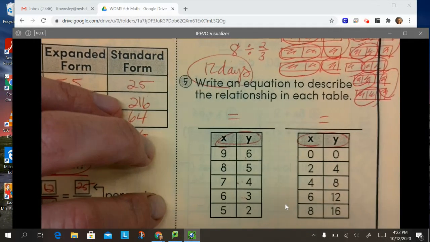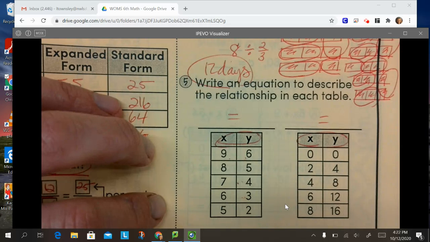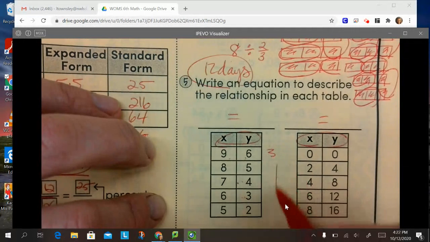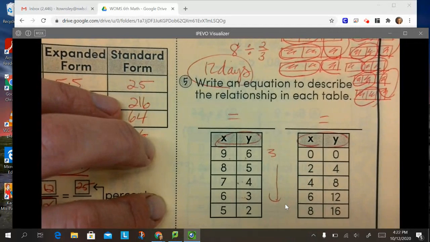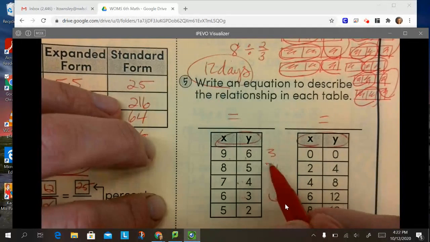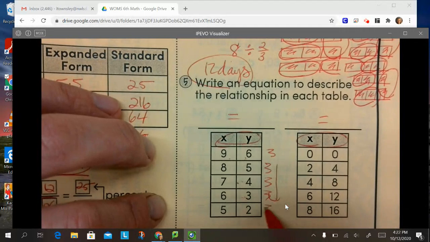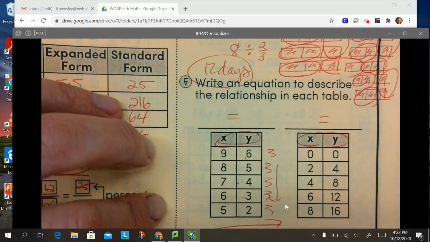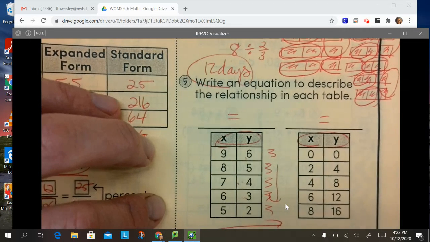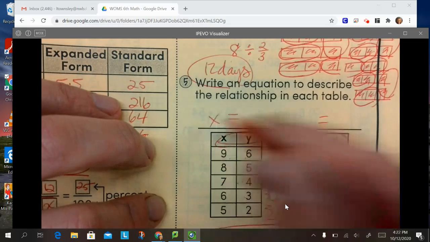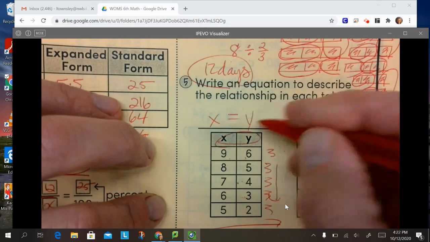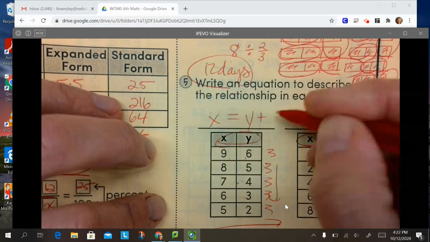Okay, well, it looks like I see it increasing by 3 somehow from left to right. So this increases by 3. I see it. All right, so could we say that X is equal to whatever Y is plus 3?